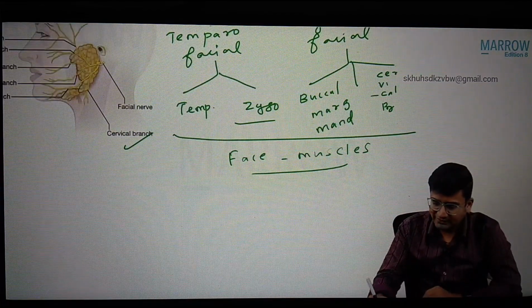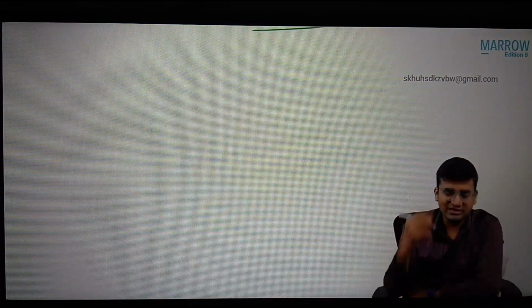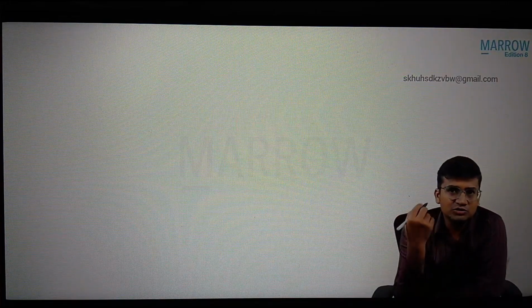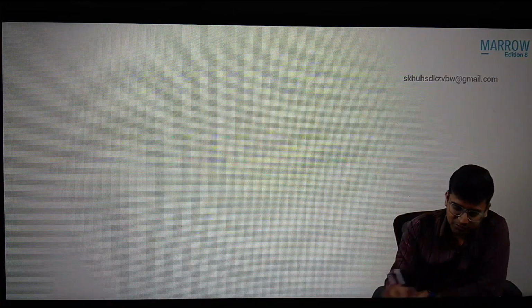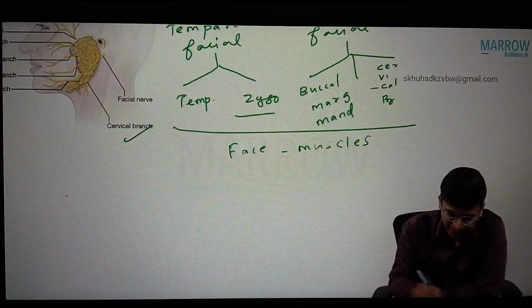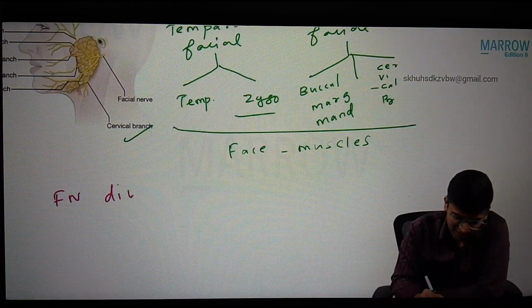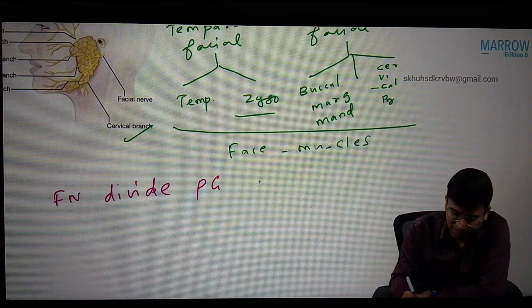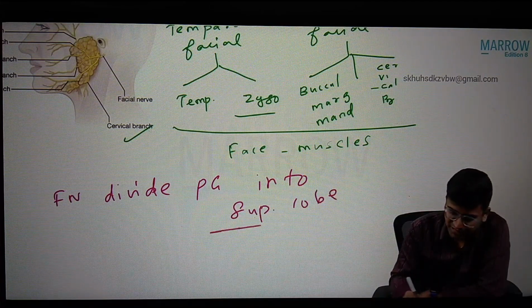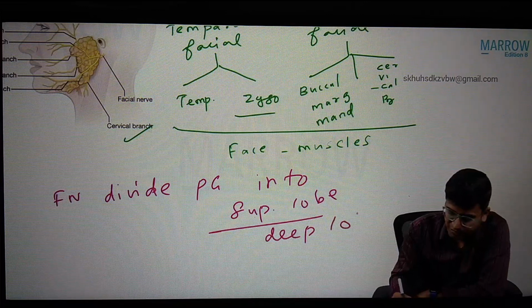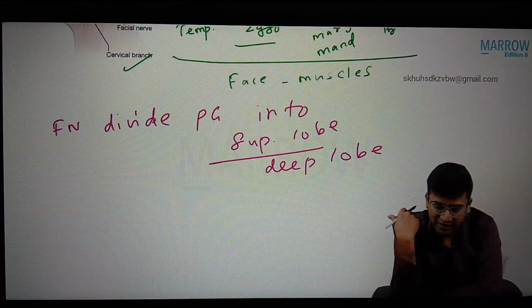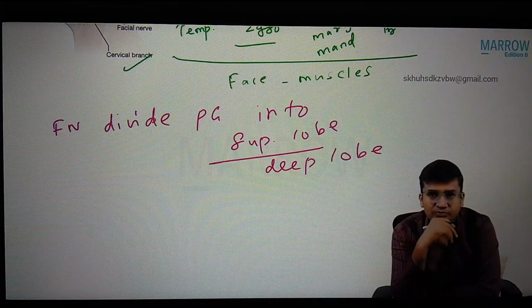See, I told you already in the discussion of border and surface, the facial nerve divides the parotid gland into the superficial lobe and the deep lobe. I told you the facial nerve is like the parotid sandwich, present between the superficial lobe and the deep lobe.